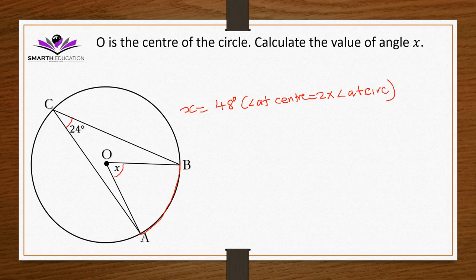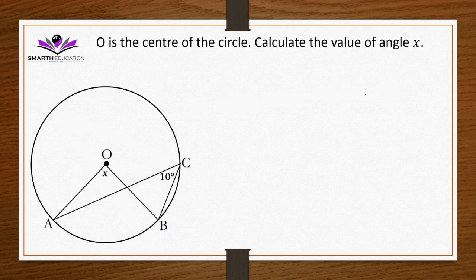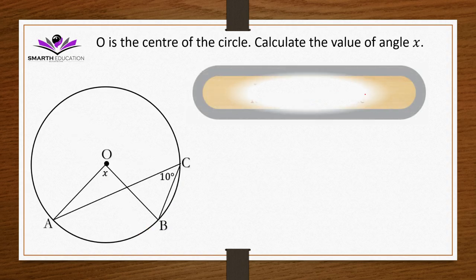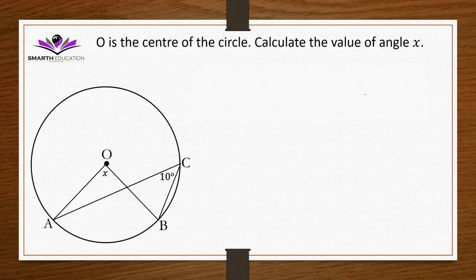Easy questions. Right, now let's go to the next one. Another minute. What is the value of x? Can you try it for a minute? I hope you managed to get it. Can you see that there's an angle subtended at the center and at the circumference? Okay, let me show you. Let me try with this one.